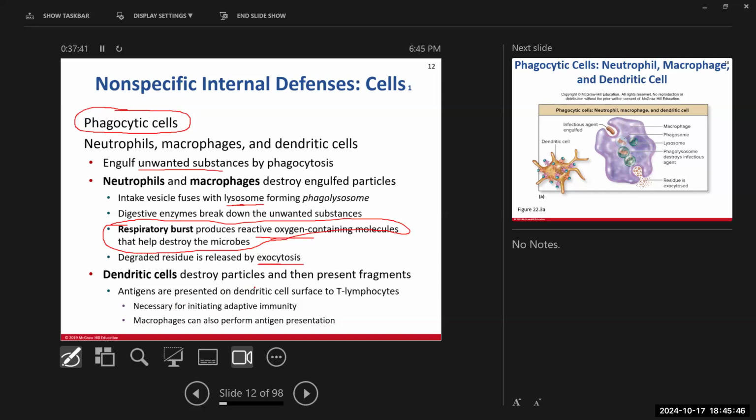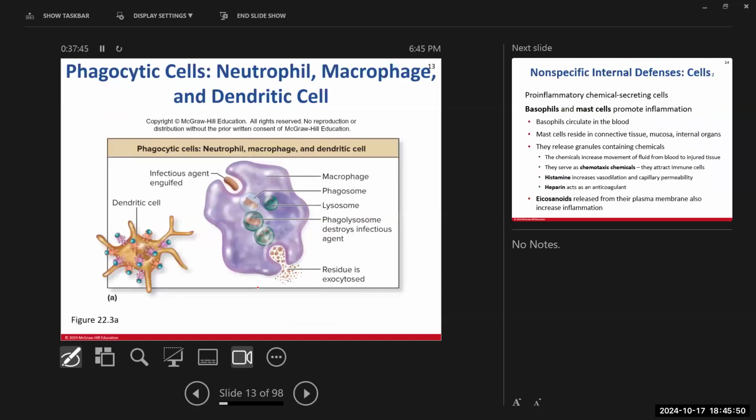But dendritic cells, on this picture here, they're going to destroy this infectious agent, and then it's going to do something kind of weird. I say it's weird, right? Then it's going to take the remains of that infectious agent and put it all over its body.